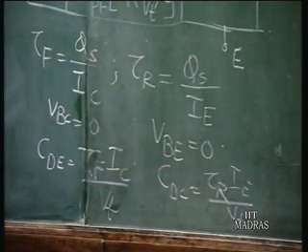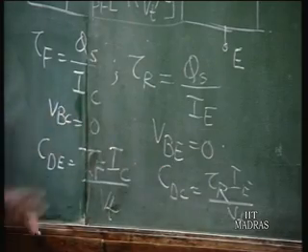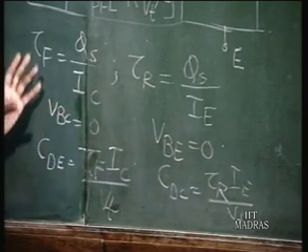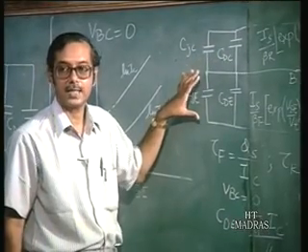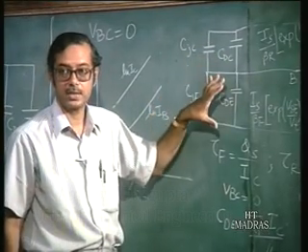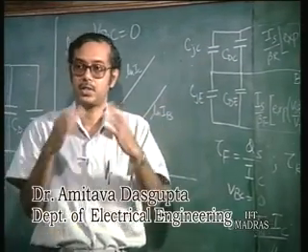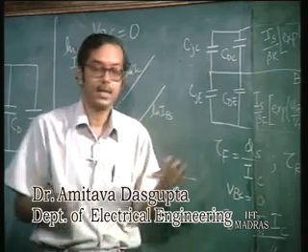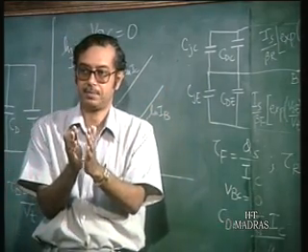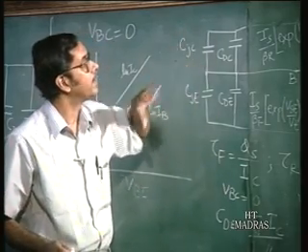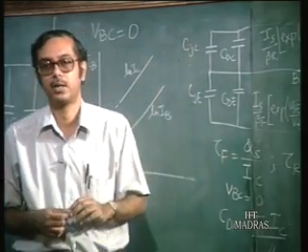So you have the two transit times, so each junction is associated with two capacitances. One is the diffusion capacitance, which is due to the stored charge in the bulk regions, and the junction capacitance, which is due to the charge stored in the depletion region. Okay. So this gives the complete model of the transistor.